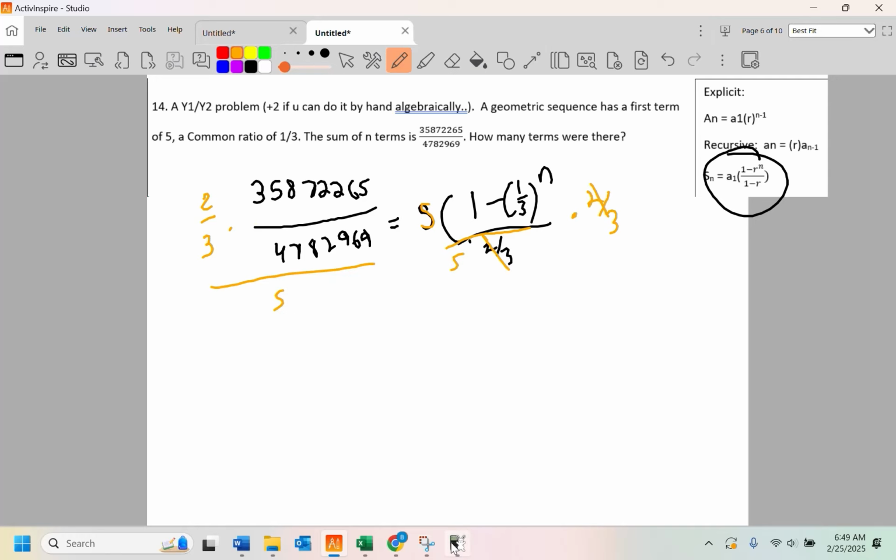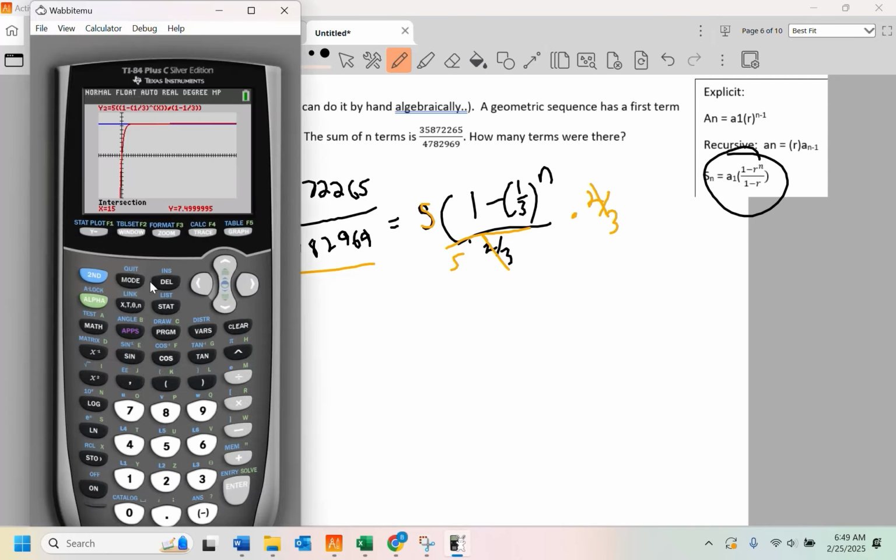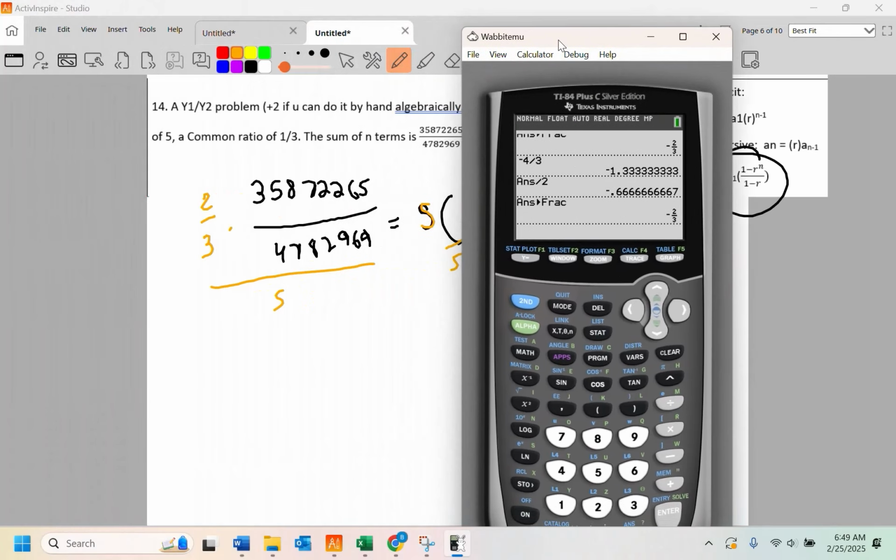All right, so let's see what this left-hand side becomes. Hopefully the calculator can leave it as a fraction.